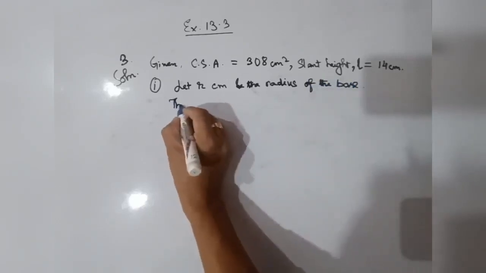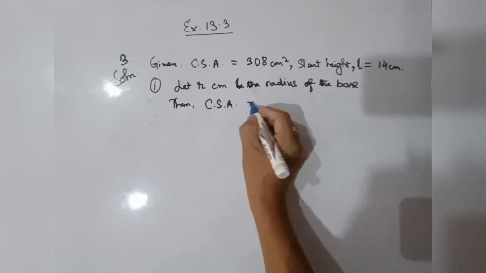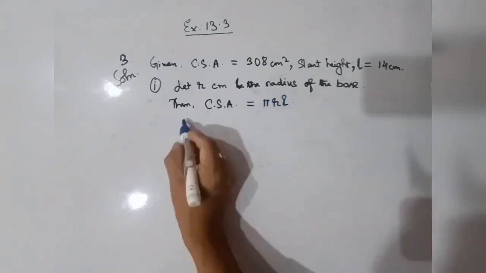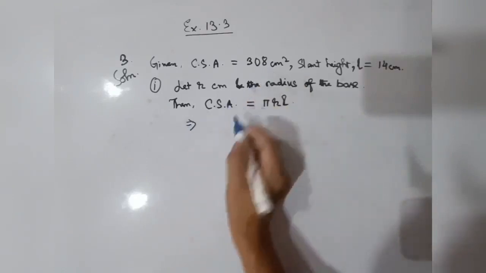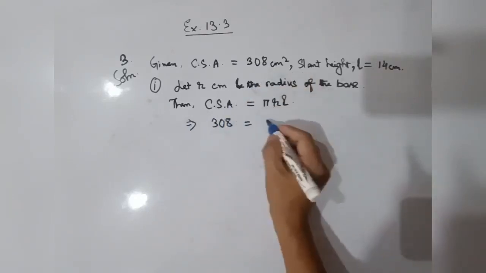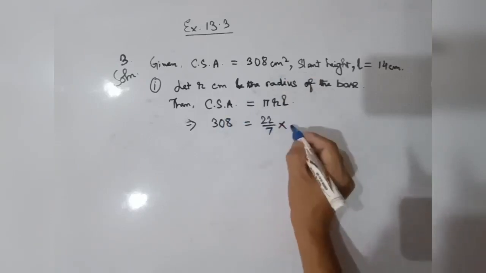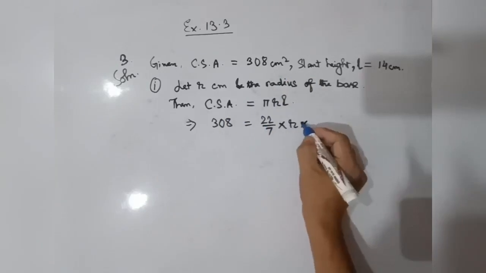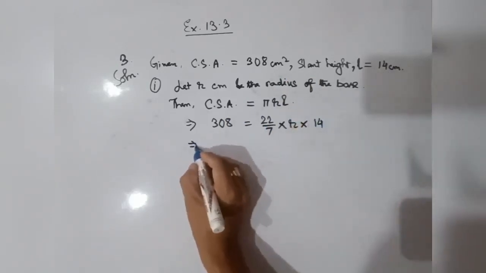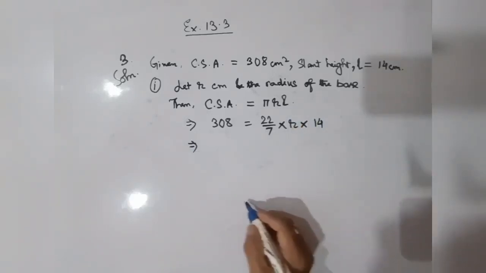Then we know that the curved surface area of a cone is given by pi r L. This implies curved surface area is 308 centimeters square. The value of pi is 22/7. We will write r as it is, and the value of L is 14 centimeter. So from this equation, we can easily find the value of R.